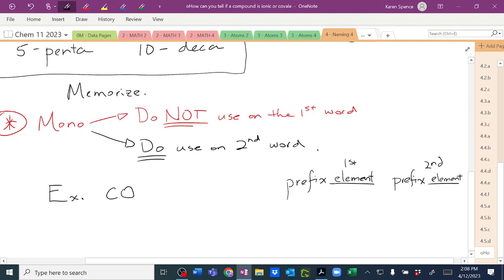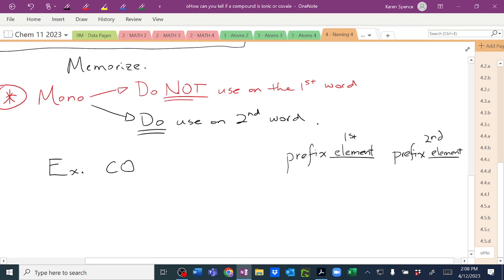But because we have mono, do we write monocarbon? No, we do not. We just write carbon.